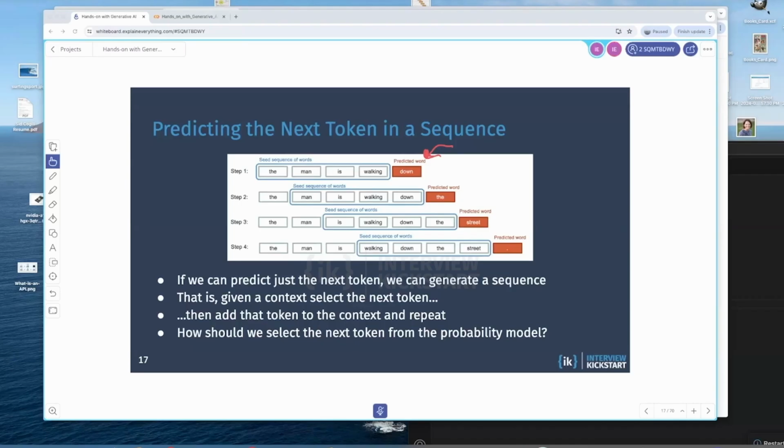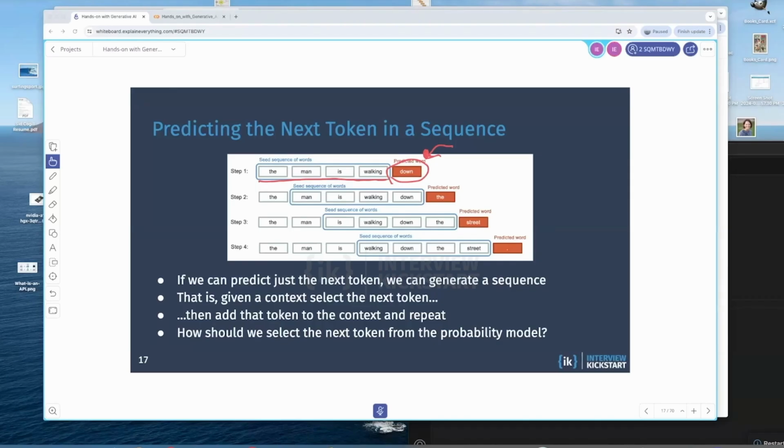Let's suppose I started out with the context "the man is walking," and I plugged that into a language model, and it gave me a bunch of choices and probabilities assigned to those. Then I picked one of them, maybe the most probable next word, and maybe that's "down."